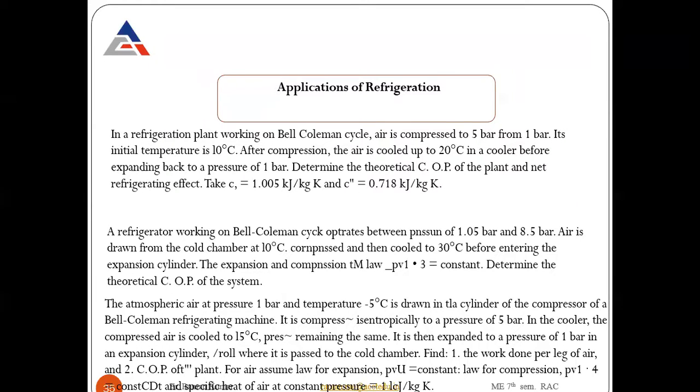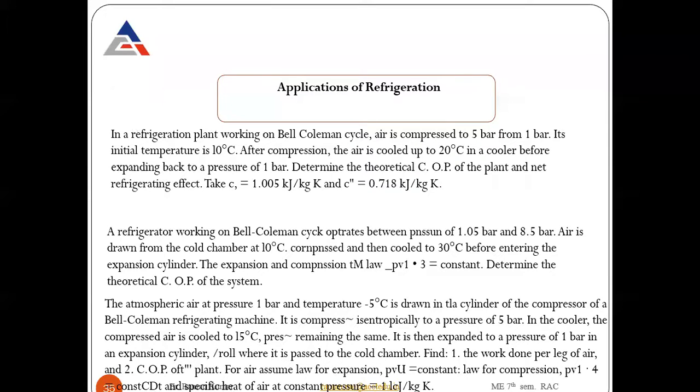So everybody note this in your copy, then I will explain on the blackboard. Everybody note this value.